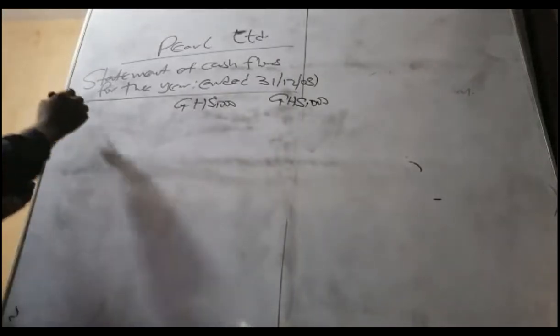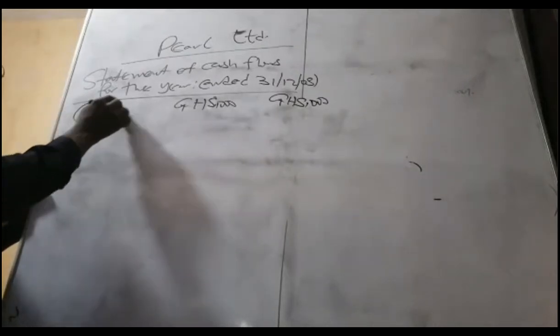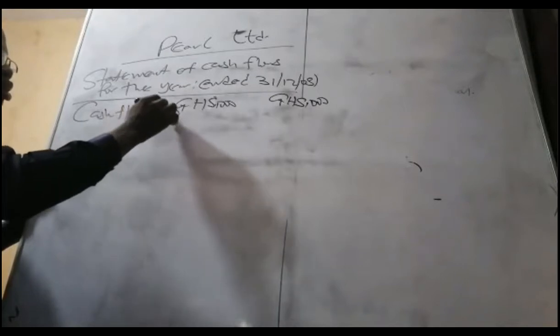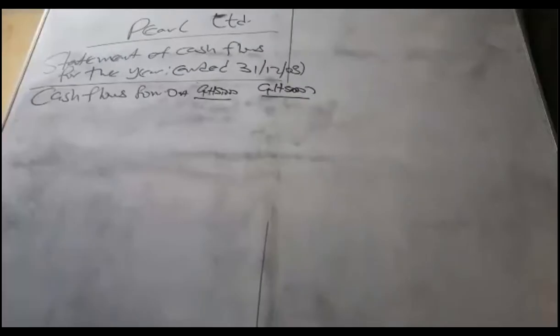Okay. So what do you do again? First, we said there's a cash flow from where? OA. No shortcuts. So cash flow from operating activity. Just that we start with our profits. We start with the profit before tax.